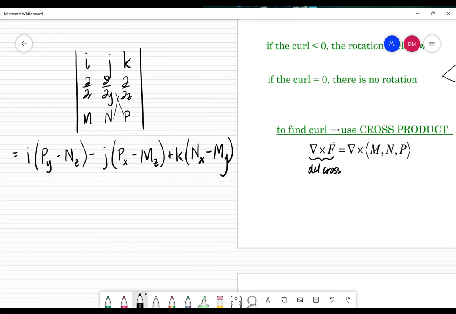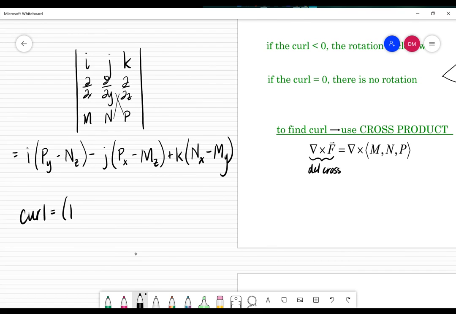So this, in effect, is going to be our formulaic way of finding curl. And you will see this where it essentially leaves out the I, J, and K part because you're kind of finding those components as you do each of these mini determinants here.